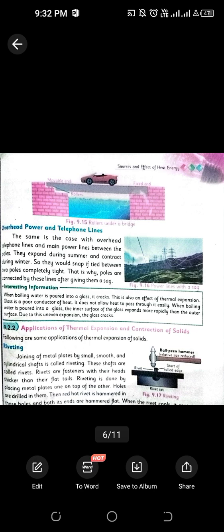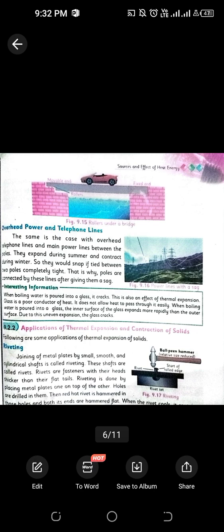So whenever the temperature of water reaches 100 degrees Celsius, it will start boiling, and when you pour the hot boiling water into a glass, what will happen? It will crack. Why? Just because the glass is a poor conductor of heat, it will not resist the heat and it will crack.